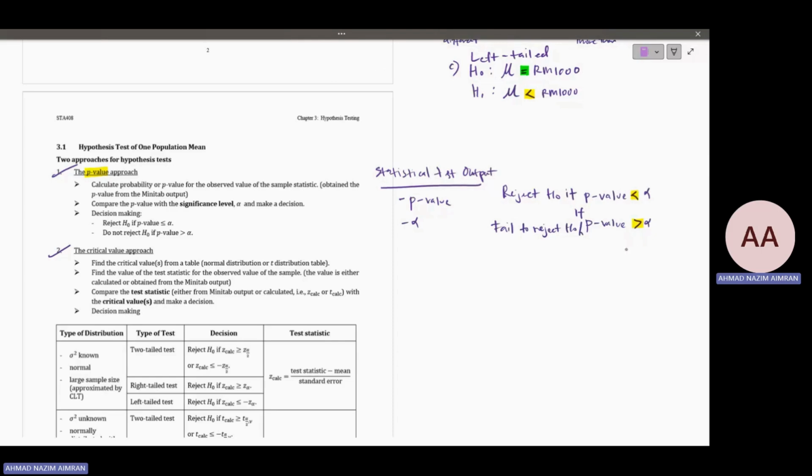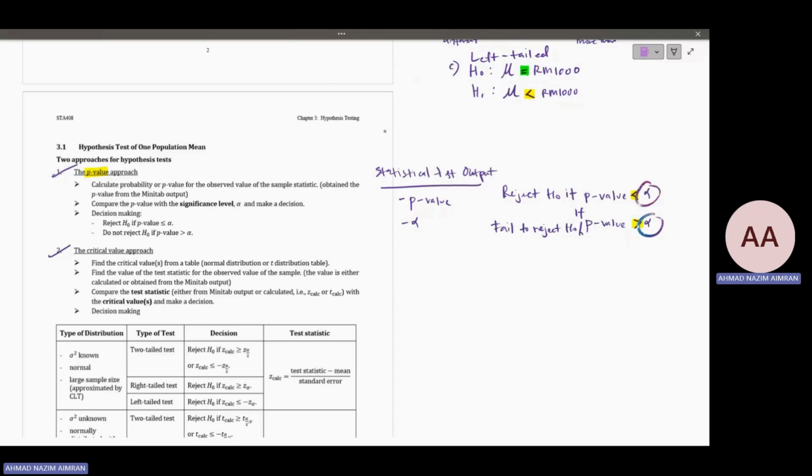And what is alpha again? Alpha is actually the significance level of the test.